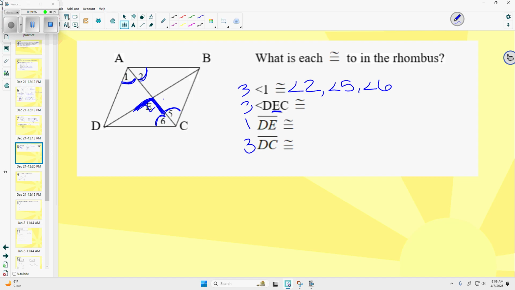What else is a 90? AED, absolutely. So that's this one. Give me another one. AEB, that's this one. Give me one more. DEC, that's this one.